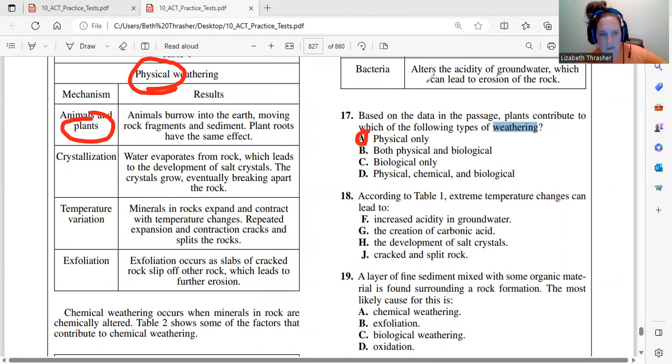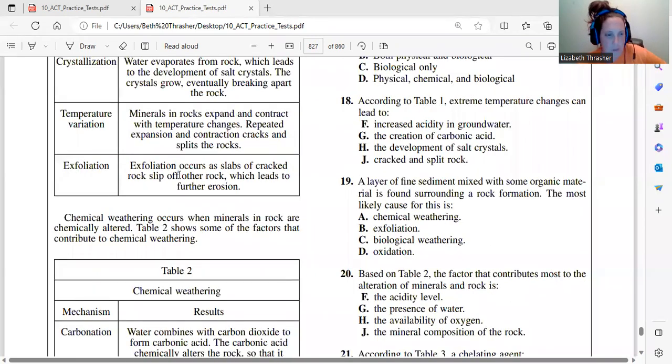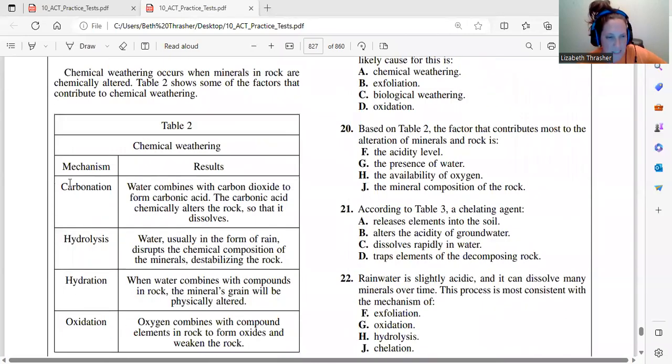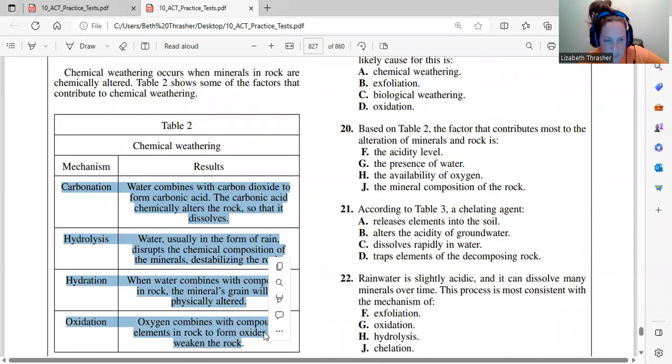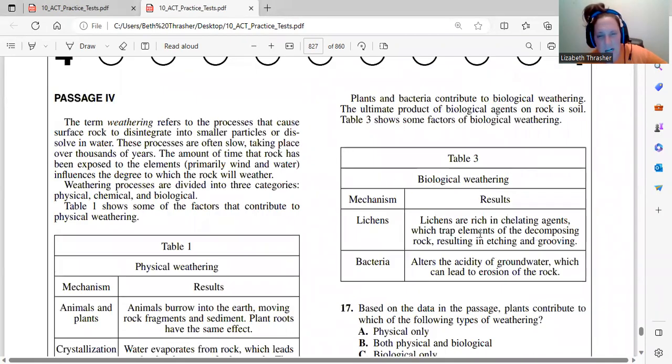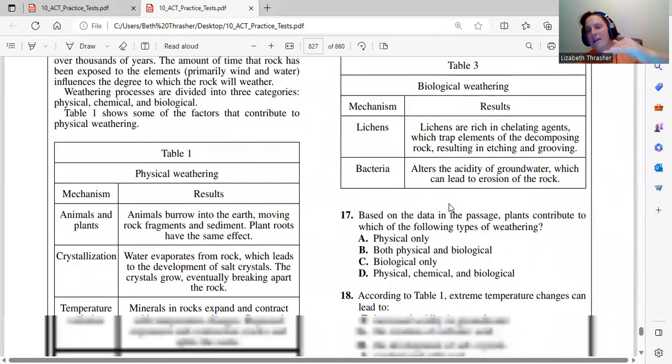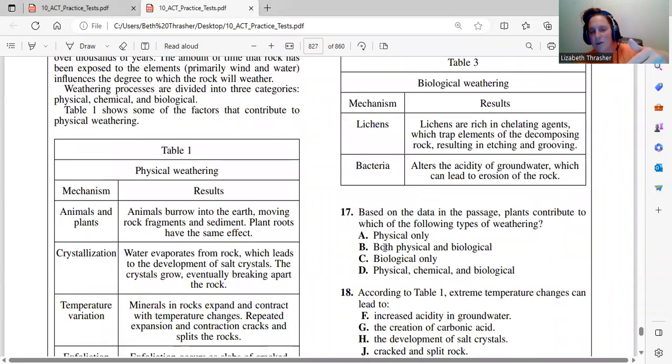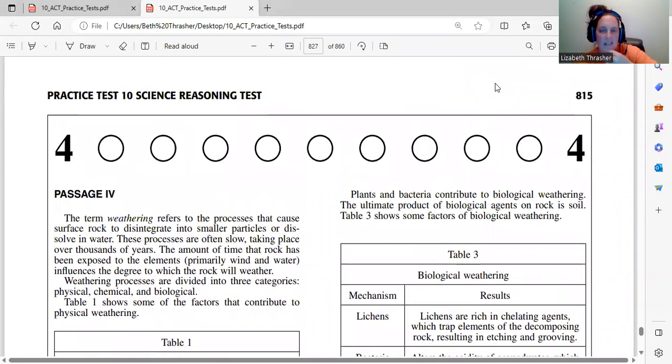You've got to keep looking through the passage. Do you see anything about plants here? Take a good look. Then you look at the table and the data, but if you're not careful, you might miss something in the passage. So be careful, pre-read, look at the answer choices, physical, biological, and then look in your passage.